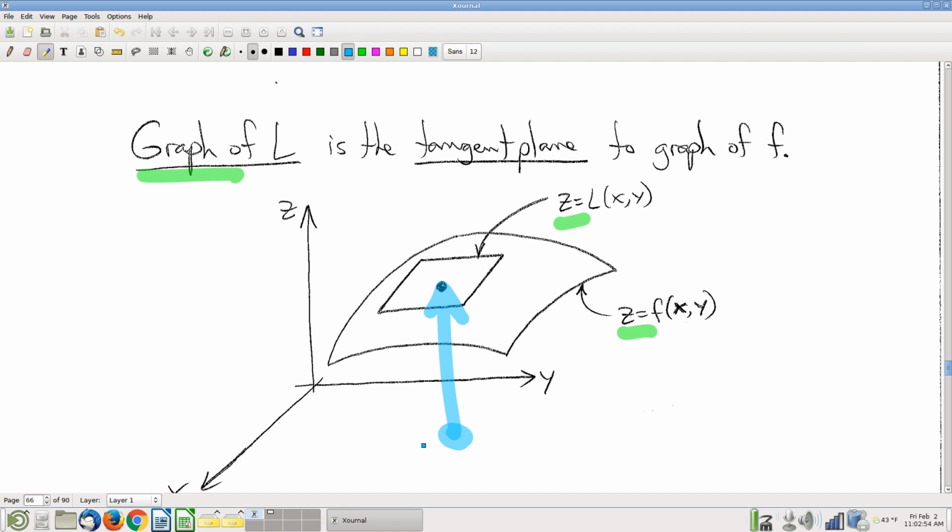You would think, hey, the world's flat, and well, the flat that you would perceive is the tangent plane, right? So you can't tell the difference on a small scale between the graph of the linear approximation and the graph of the original function, and so sort of tangent plane.